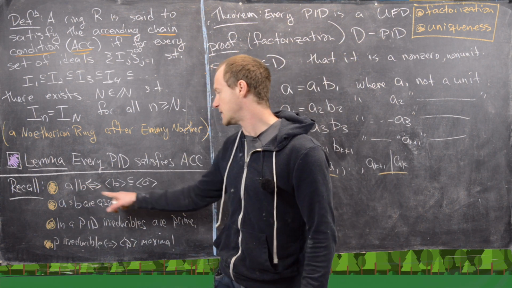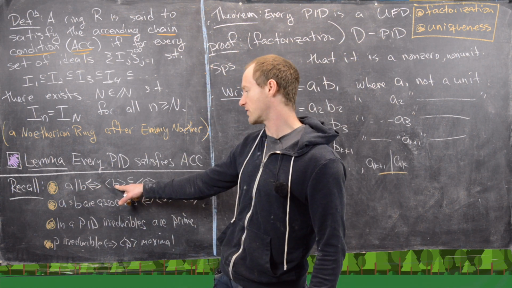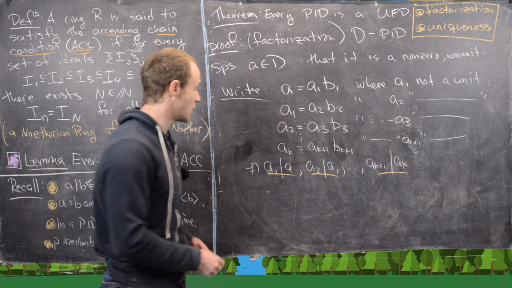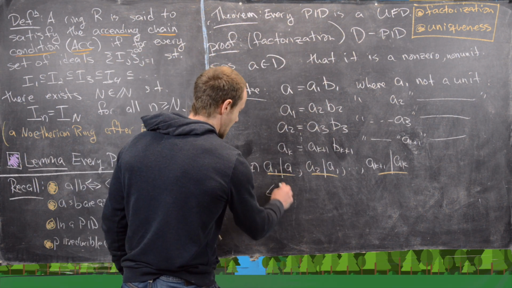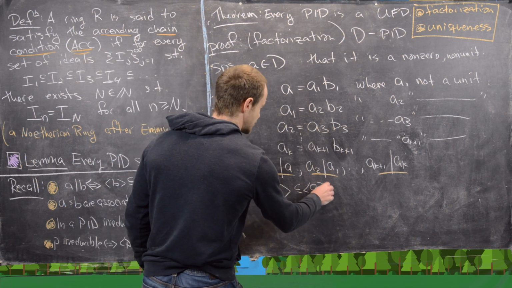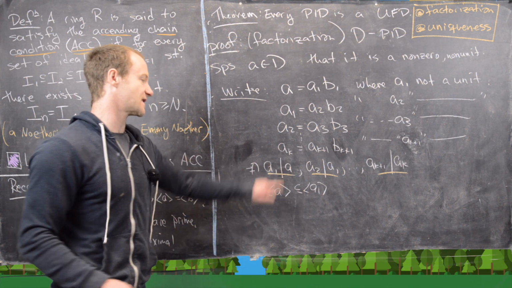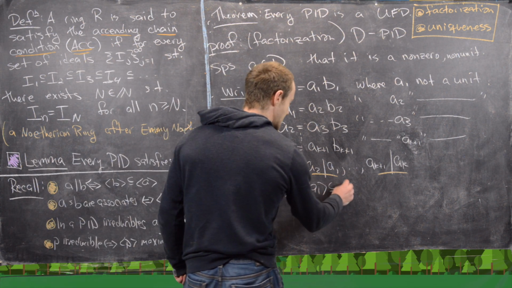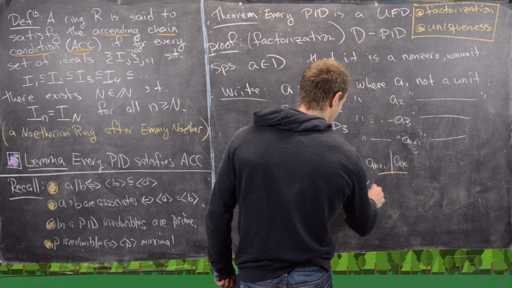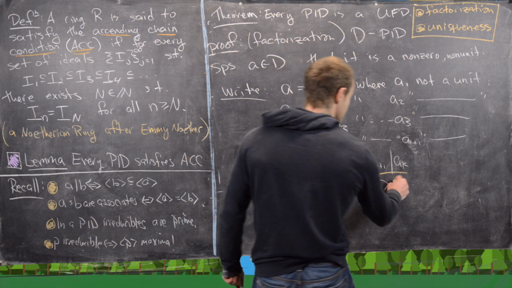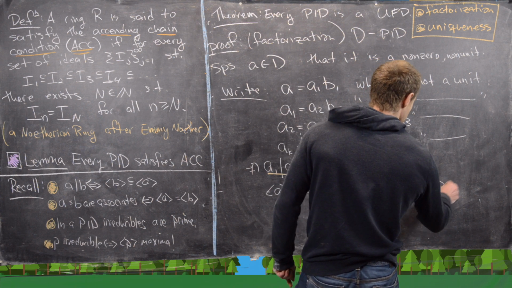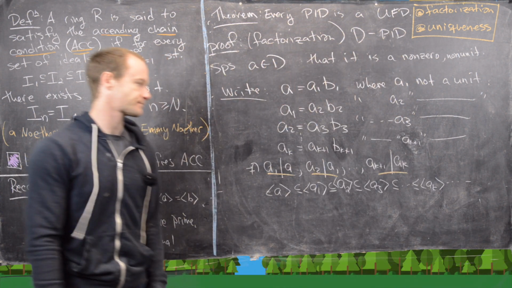So if A divides B, then the ideal generated by B is contained in the ideal generated by A. So what this means is that the ideal generated by A is contained in the ideal generated by A1, which is contained in the ideal generated by A2, which is contained in the ideal generated by A3, which is contained in the ideal generated by AK, and then we can keep going.